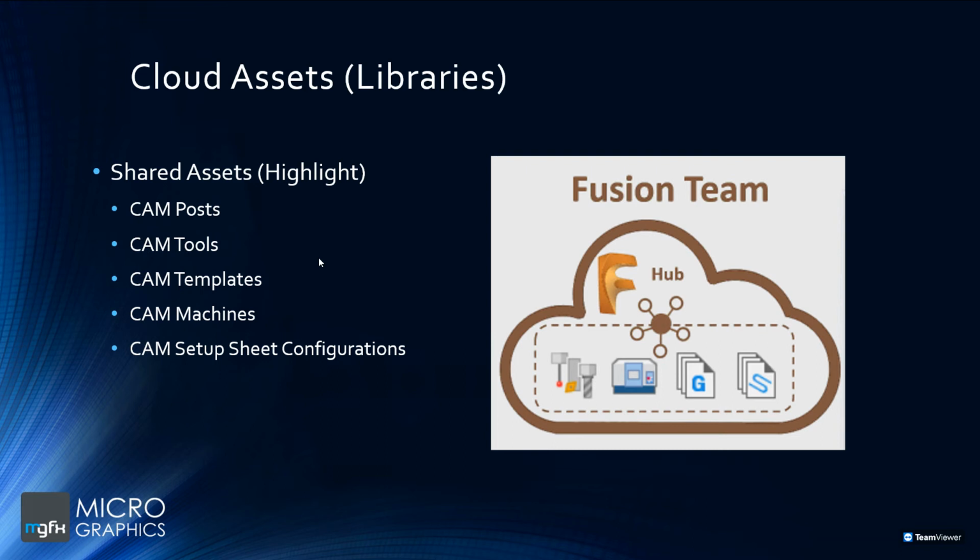If you have 4 or 5 designers that are designers and machine programmers, they would need to share all of that information. So the next couple of slides I'm going to go through are going to look at how this information is stored within the Team Hub.